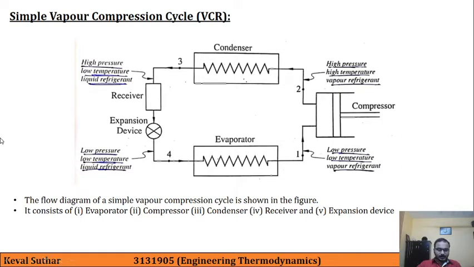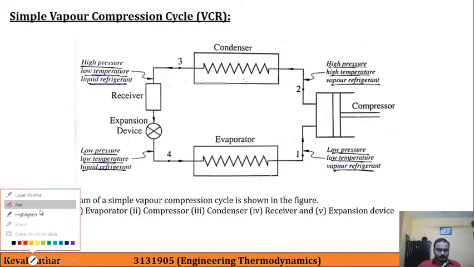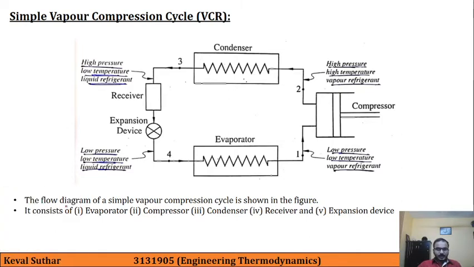The flow diagram is shown in the figure, and there are a total of 5 components. First is the evaporator, second is the compressor, third is the condenser, then the receiver, and then we have the expansion device.